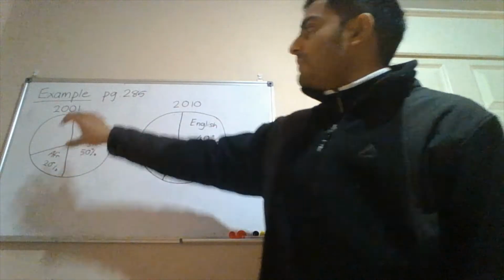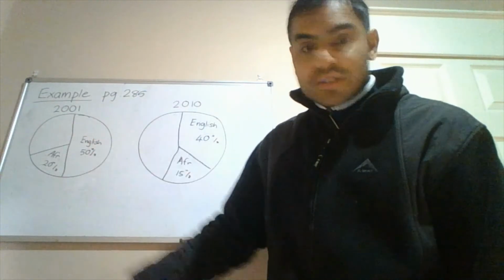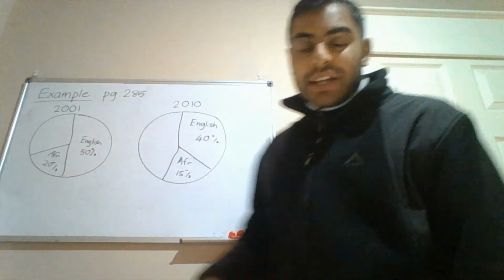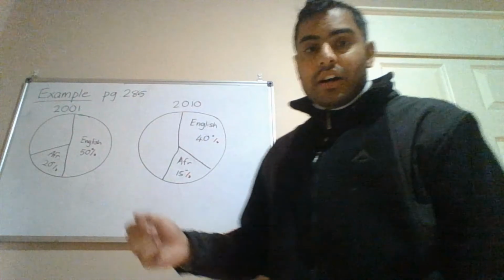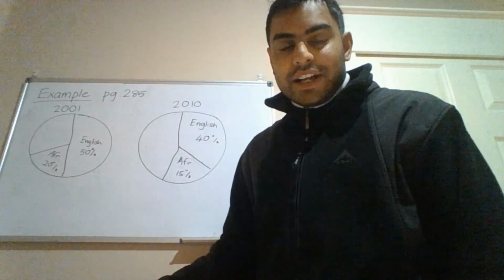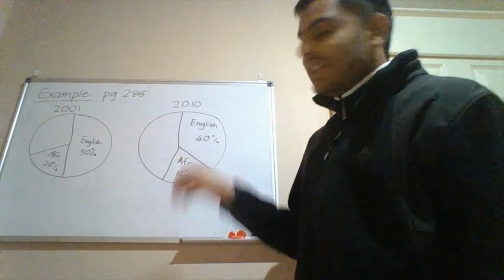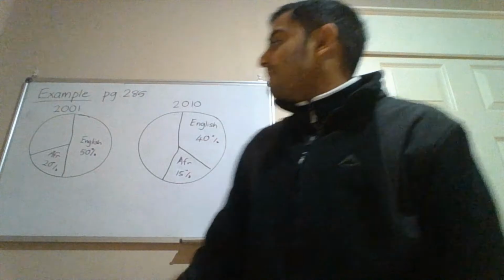For example, English in 2001 was 50% of learners' choices, and in 2010 this dropped to 40%. Afrikaans as a language choice also dropped, started off at 20% in 2001 and decreased to 15% in 2010.